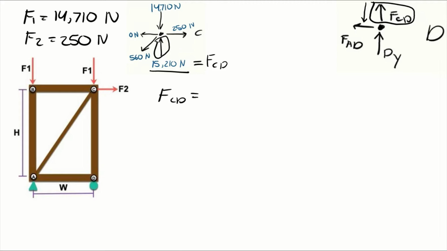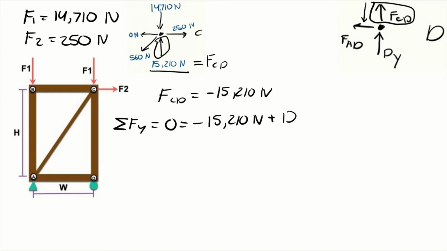So it equals negative 15,210 newtons at joint D because it's pushing down onto joint D. So moving into summing forces, sum of forces in the Y is equal to 0, which equals negative 15,210 newtons, which is the force F sub CD, and then plus D sub Y. This makes it so D sub Y is equal to 15,210 newtons.